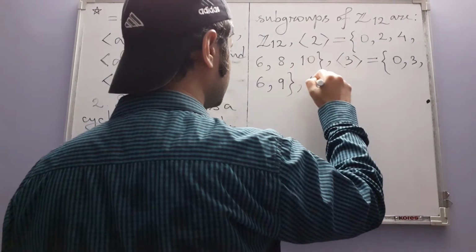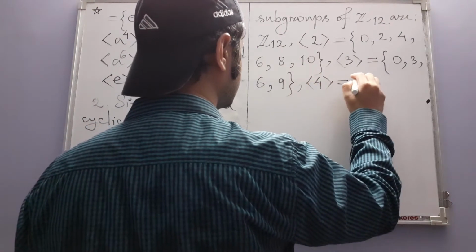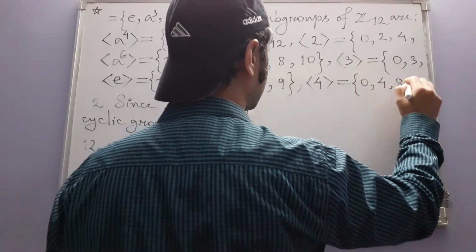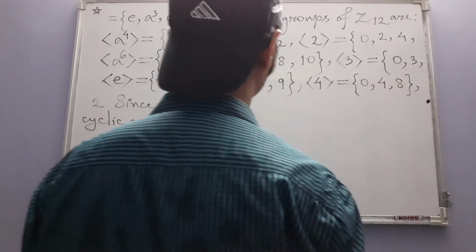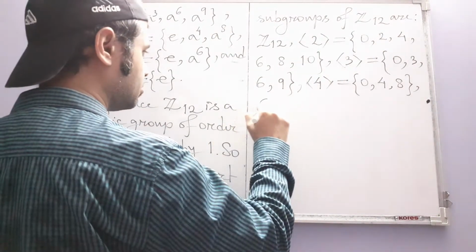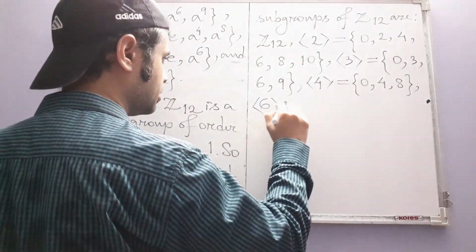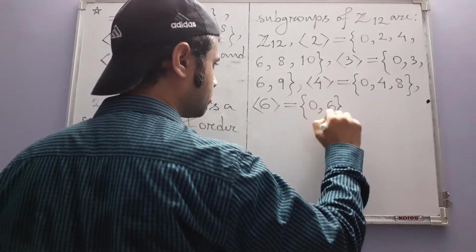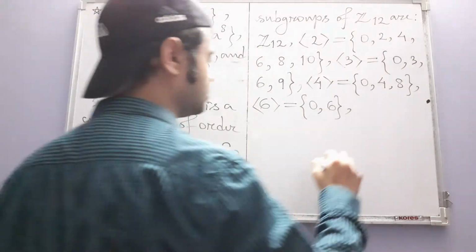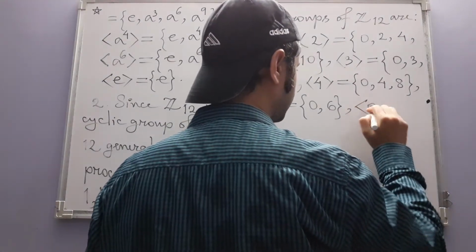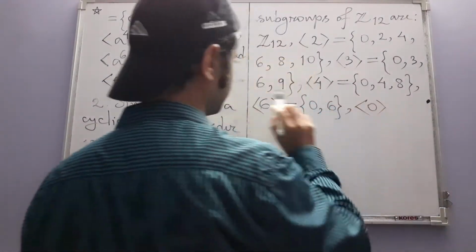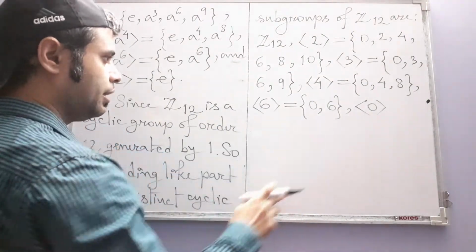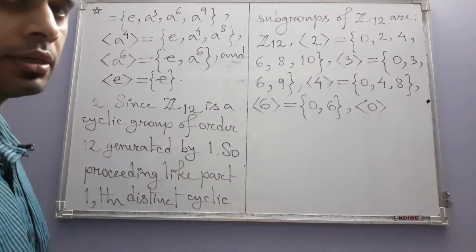Then the next one is of course this. Then 6, and finally if you want you can list this one along with this, make them adjacent, because they are always there in a group.